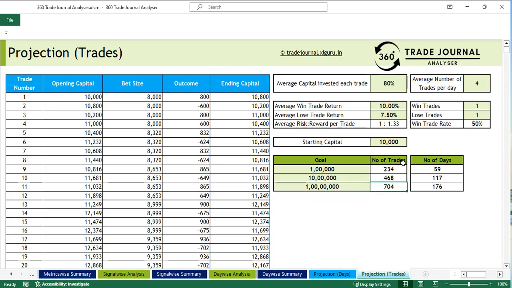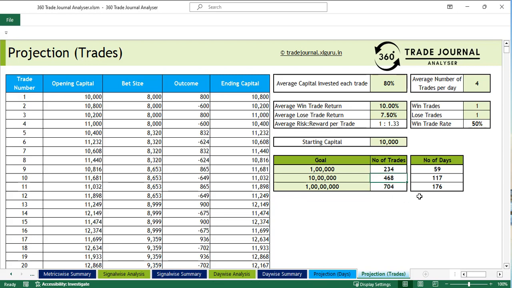So you can have this projection of whether your result at any win ratio and risk reward ratio is viable for trading or not. Just looking at the trades, you might see that it is not viable. But even if you lose only 7.5% when you lose, and earn 10% when you win, with just a 50% win ratio, you can make very quick money.